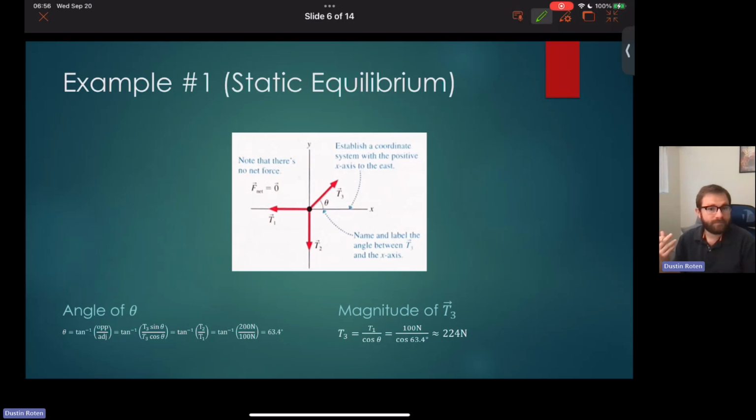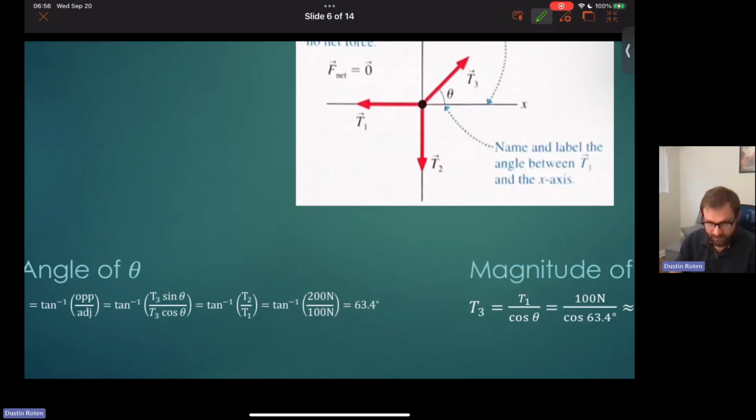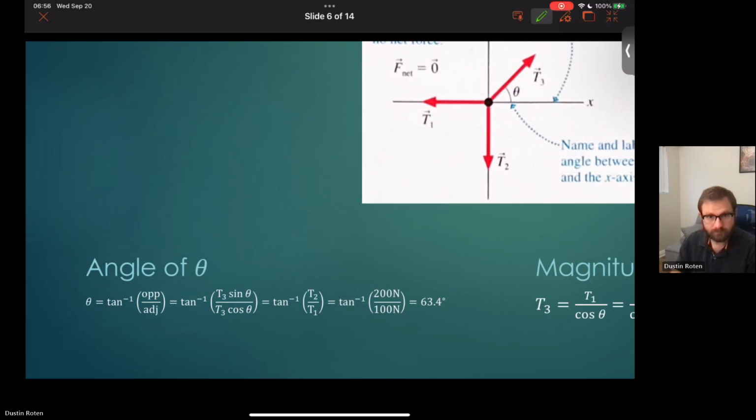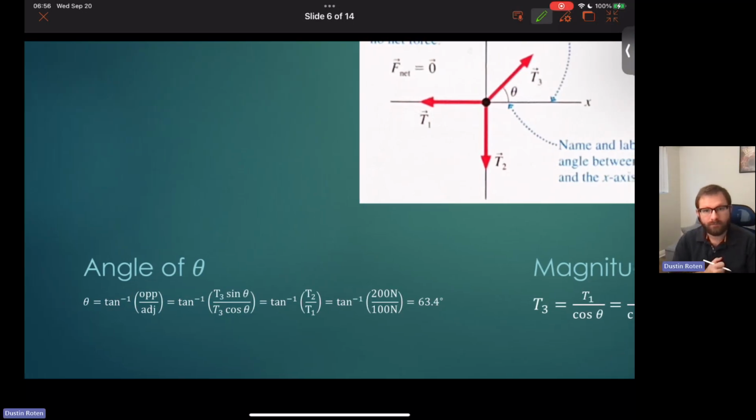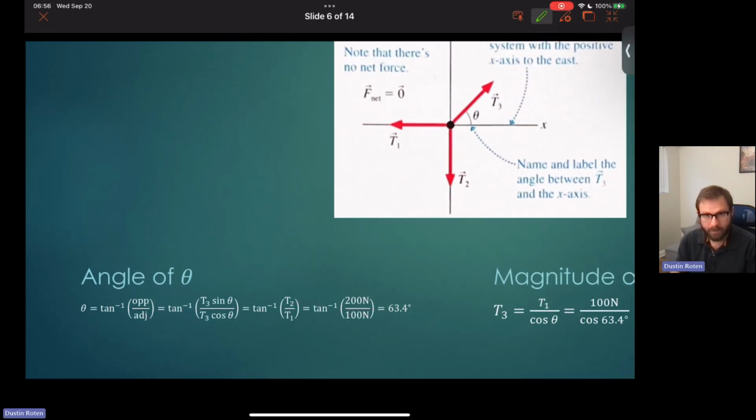Now let's do the last little bit, put all this together. I'm going to see if I can zoom in here. So let's figure out what this angle needs to be for this to actually work out.